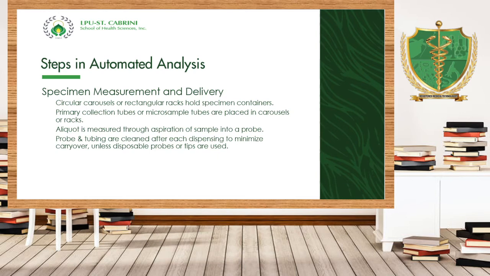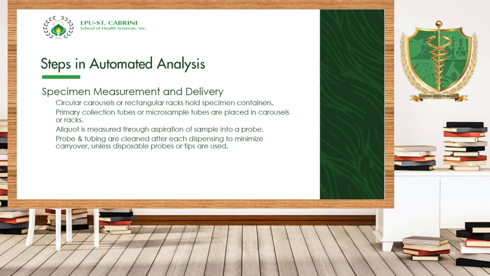How about specimen measurement and delivery? Okay, we have a circular carousel or a rectangular rack. Ito po yung sinasabi ko sa inyo, wherein you are going to hold your specimen container. It can be a cuvette or it can be the test tube itself. Okay, the primary collection tube or micro sample tubes are placed in the carousel or rack.